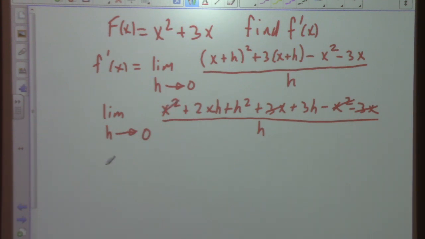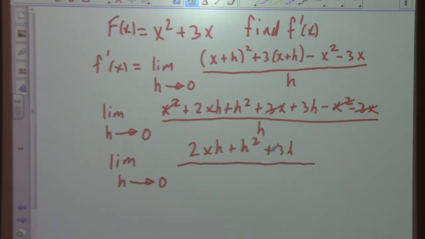I just made it up, I don't know. I like that, though. So 2xh plus h squared plus 3h over h.